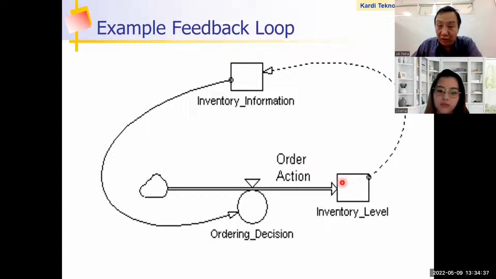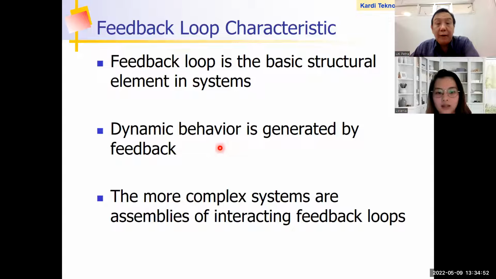Based on if the inventory level is down already, based on that information, you start to create an ordering decision. So you order, how many?